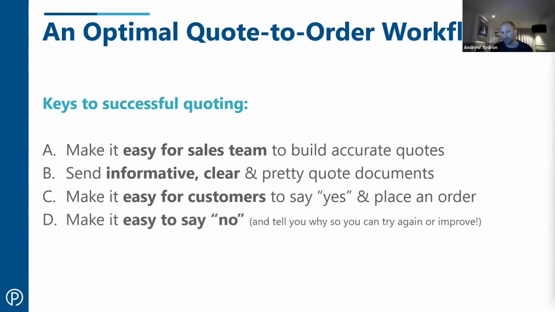The next one is less obvious, but I would really recommend that you think hard about this, and that is make it easy for the customers to say no. If a customer is not going to buy, then that is a shame. But if you make it easy for them to tell you they're not going to buy, then you have the opportunity to try again.